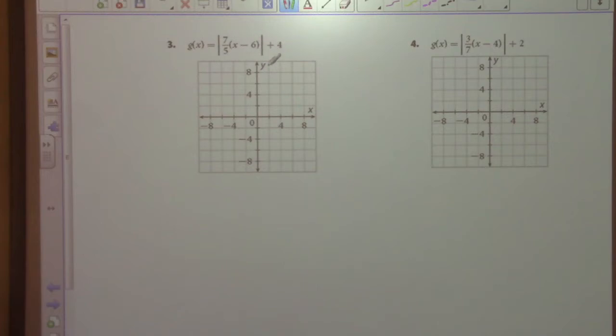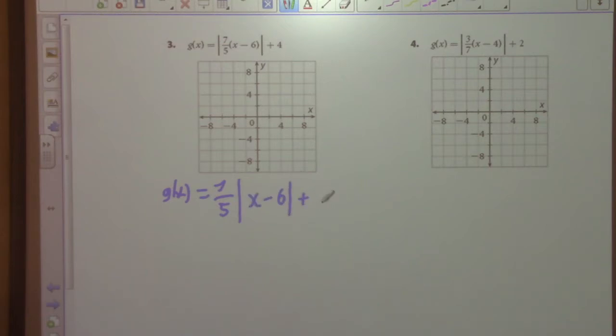Anyway, we finished on this one yesterday, and what I suggested for this one is to make a rewrite. g of x equals, and we can take this 7/5 and put it out here in the position of a, can't we? Yeah. So we have x minus 6.